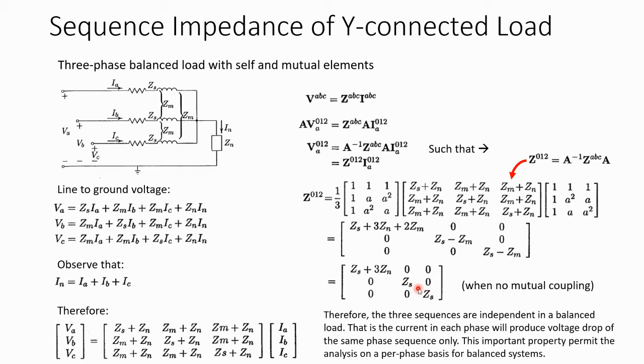Therefore, the voltage of zero, positive, and negative sequence is not affected by the impedance of the other sequence. So this is a very important property which allows us to apply our per phase analysis onto each sequence independently.